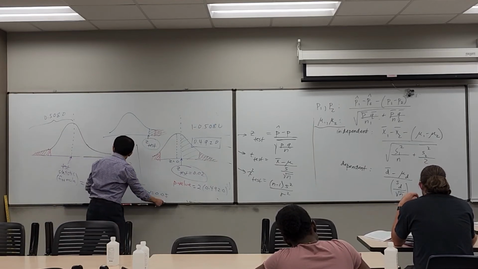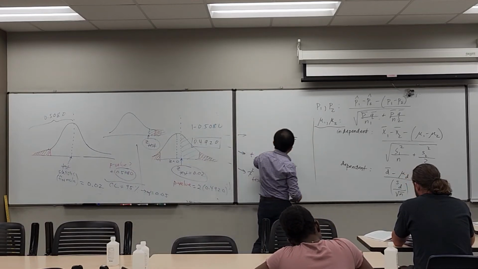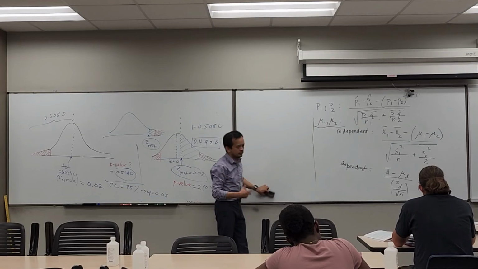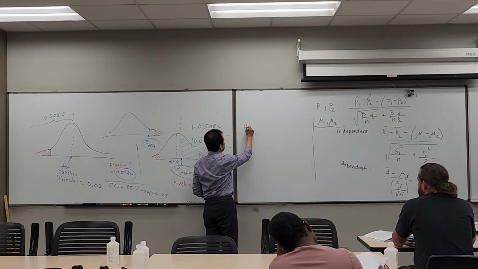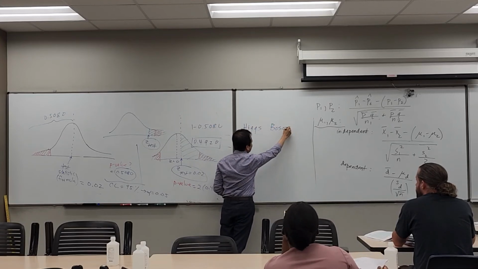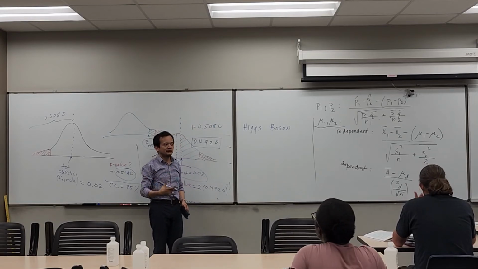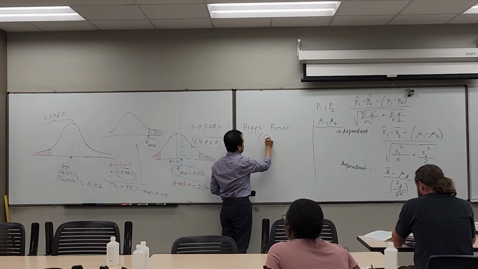And maybe to help reinforce this, there's a real life example of this. A few years ago in the news, there was talk about the Higgs boson. You guys remember that? Yeah, the Higgs boson. This is also in the news called the God particle.